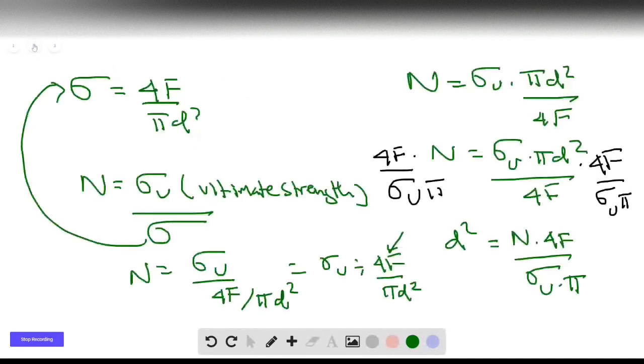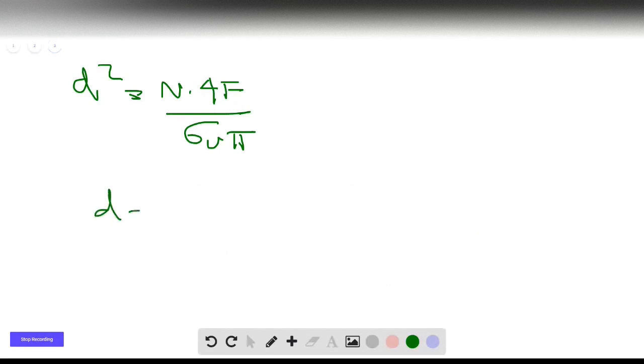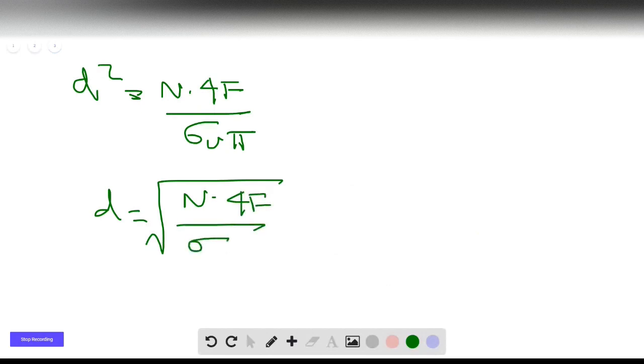It's always a good habit to keep the variables up until the end before you plug in the actual numbers. That's giving us the diameter.